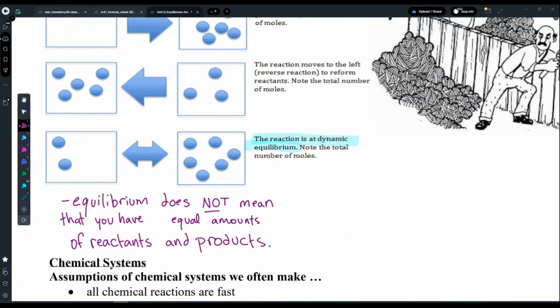Okay, so we'll go over dynamic equilibrium again on the next page and exactly what that means.